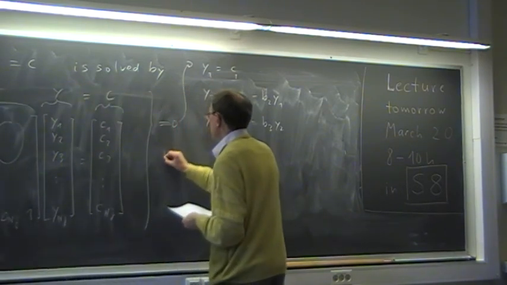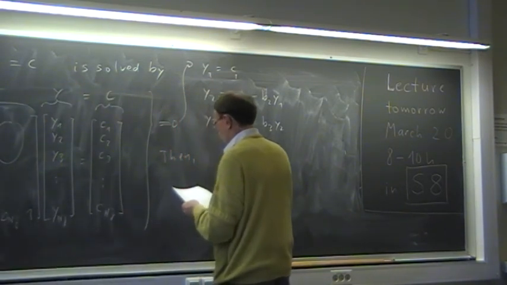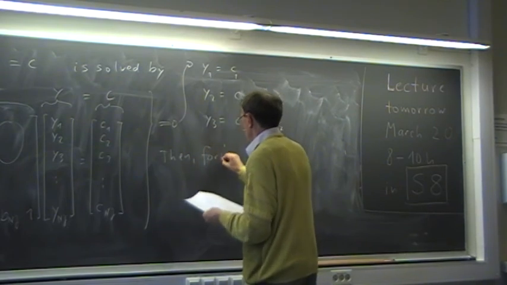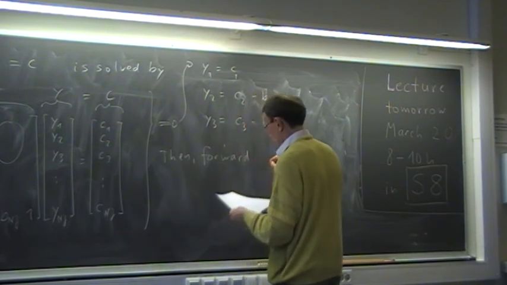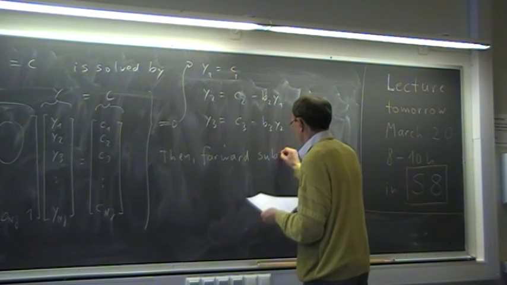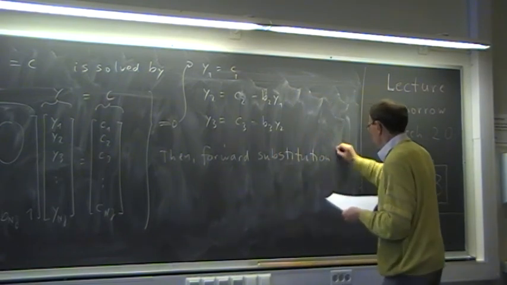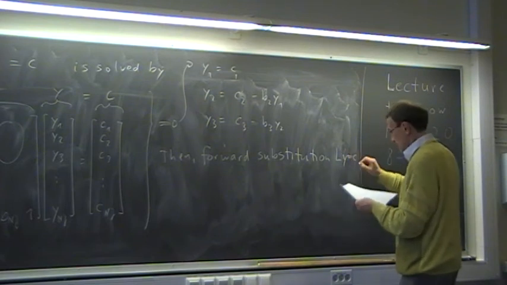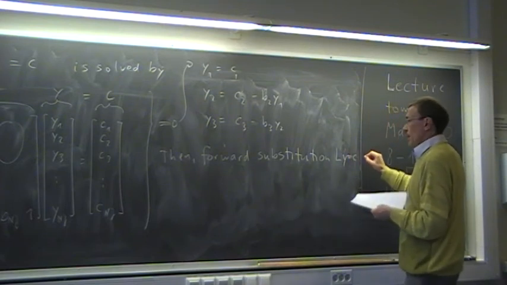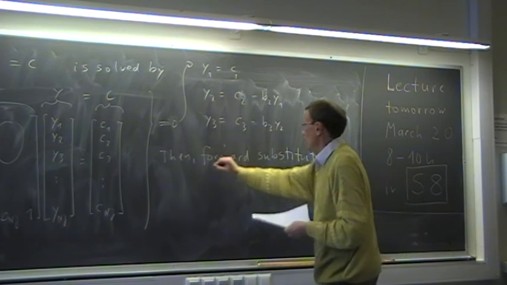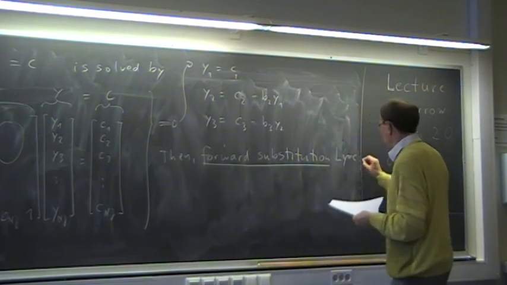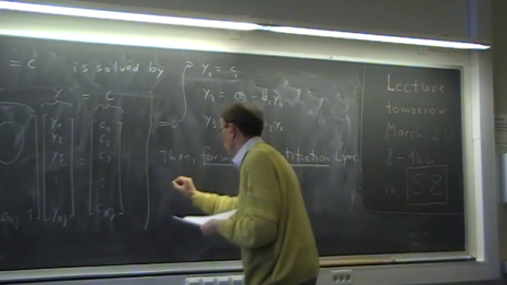And what we then get is the forward substitution. So that is what we do here, forward substitution. That is the Ly equals C. That is in the following algorithm.